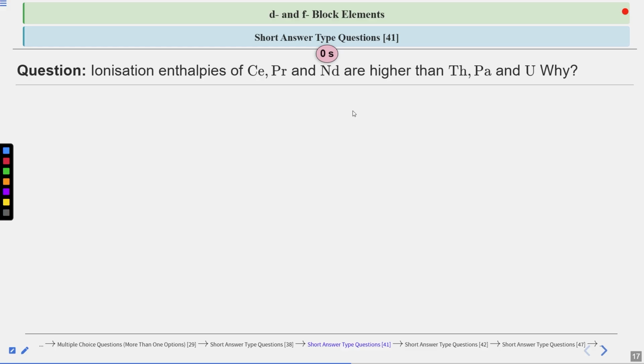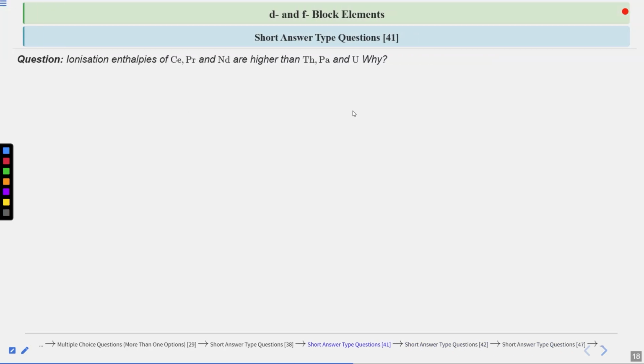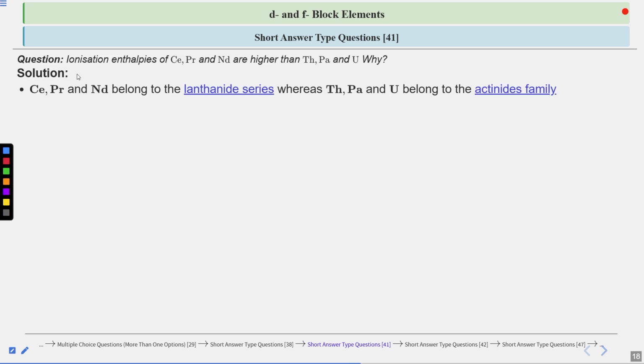Let's see. For this question, cerium, praseodymium and neodymium belong to the lanthanoid series, whereas thorium, Pa that is protactinium, and U that is uranium belong to the actinoid family, right?